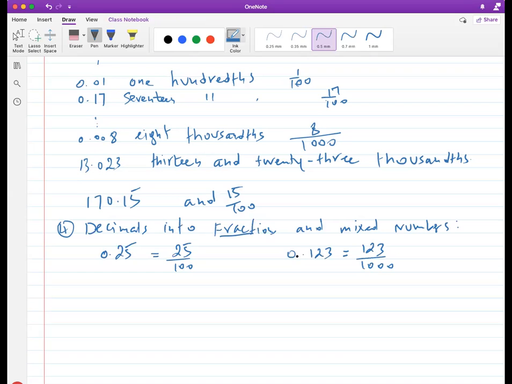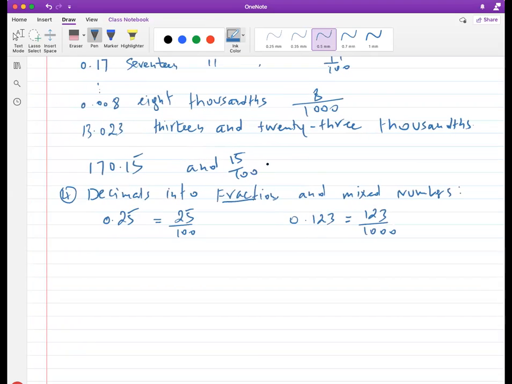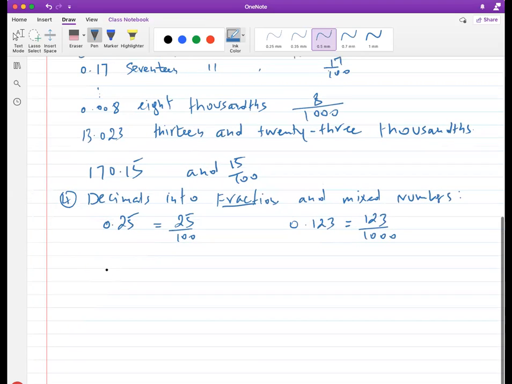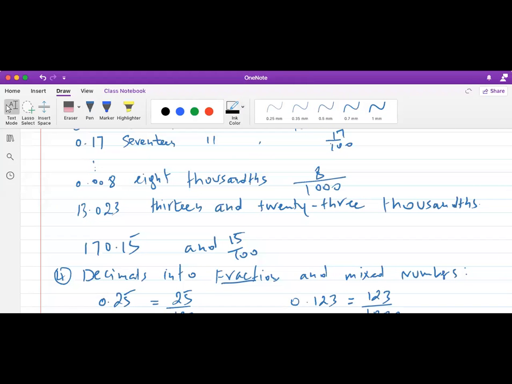Okay, so you can easily turn decimals into fractions. Let's say you have this 5.4 or 5 and 4 tenths. What would this be as a fraction? 5/4. As a fraction, 5/4.